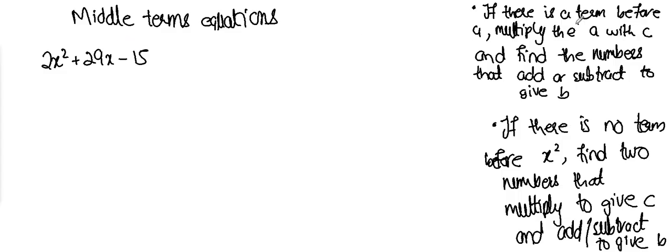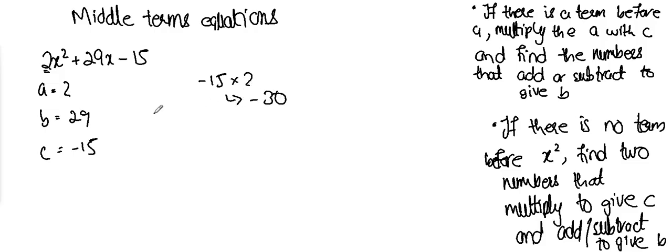What do we have to do? If there is a term before a, we have a term before a, which is 2. Multiply the a with c. B is 29, c equals minus 15, right? We have to multiply a with c. Minus 15 multiplied by 2 gives us minus 30. Find the numbers that add or subtract to give b.